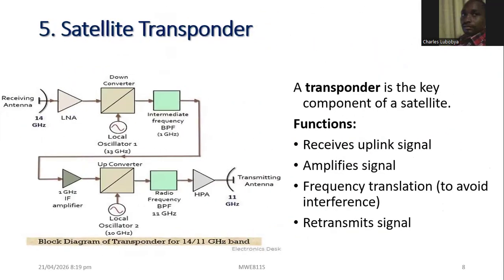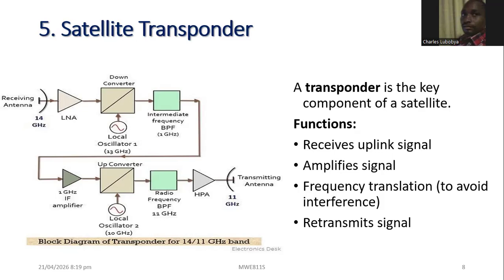But having looked at this, let's narrow in on the inside of the transponder. What is inside the satellite transponder itself? If you look at this block diagram, you have an antenna receiving the signal from the ground station via the uplink process. Let's assume this signal is 14 gigahertz. It will go through amplification using the low noise amplifier, LNA, and then it goes into the down converter.